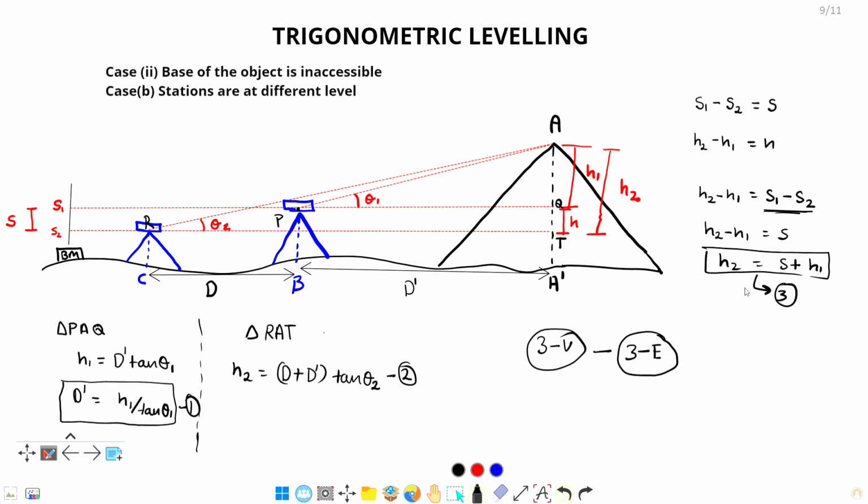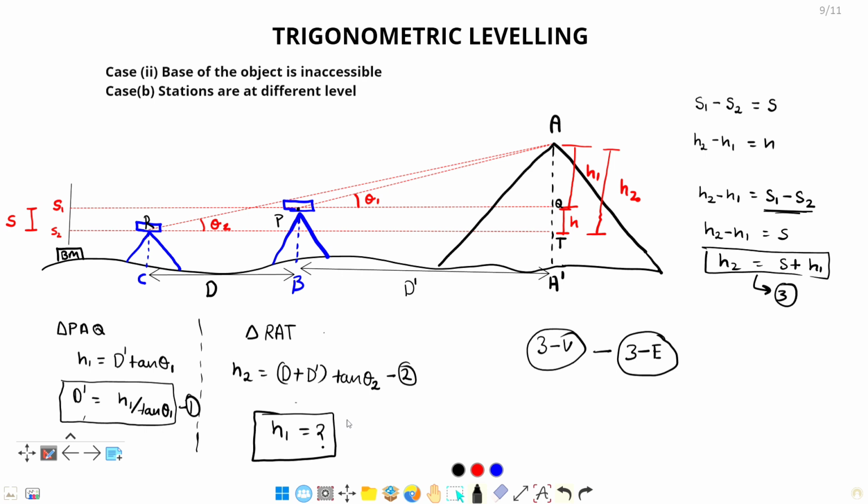So by substituting the value of H2 from equation 3 in equation 2, and by substituting the value of D dash from equation 1 in equation 2, we will get the value of H1, and once we got the value of H1, the remaining portion will be same for RL of A. I am not going to write a generalized formula, a perfect formula for H1, because no such formula is going to work for you.